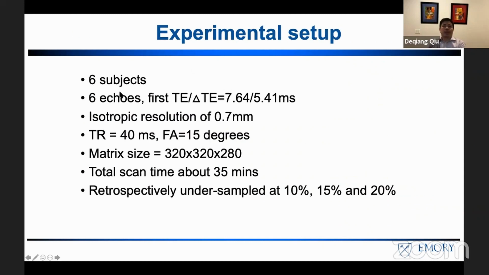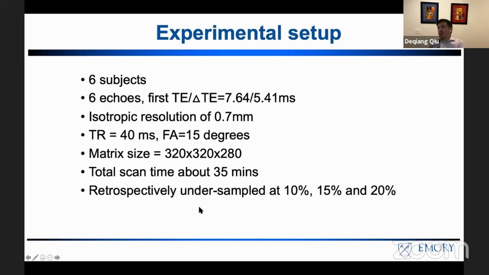We scanned data in 6 subjects with 6 echoes, and this is the echo time for the first echo, and then the echo spacing. We acquired very high resolution data at 0.7 millimeter isotropic resolution. And the total scan time for this fully sampled data is about 35 minutes per subject.